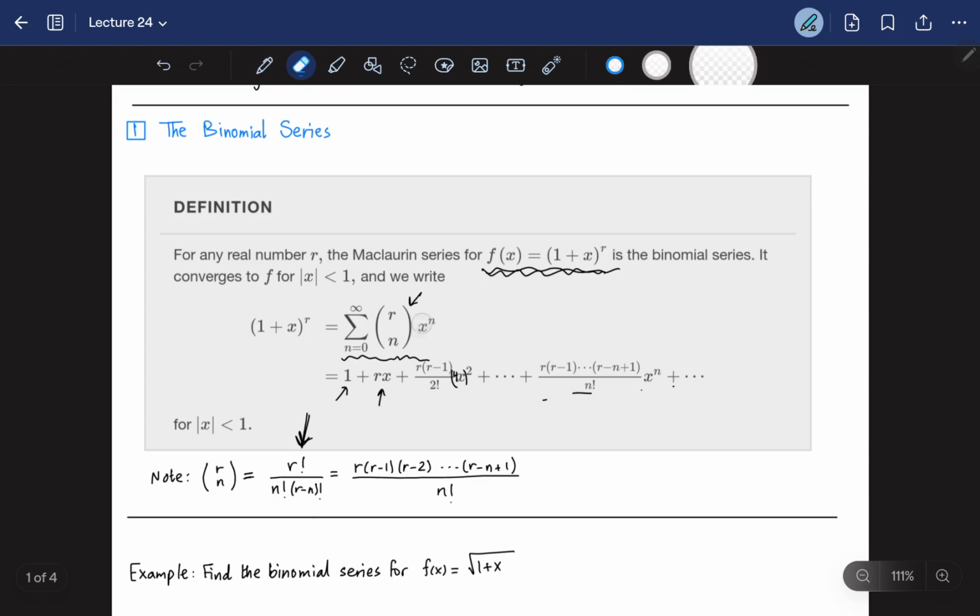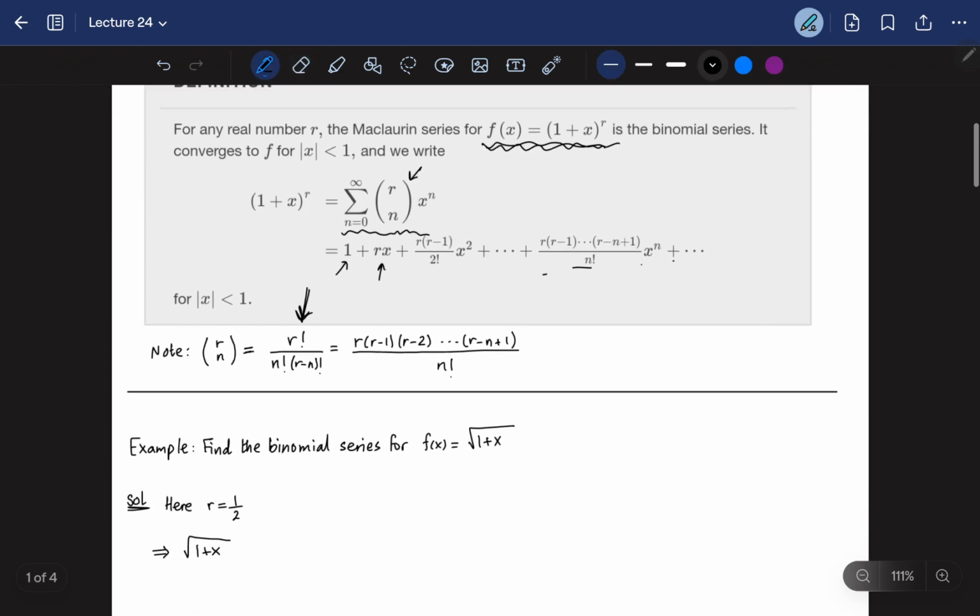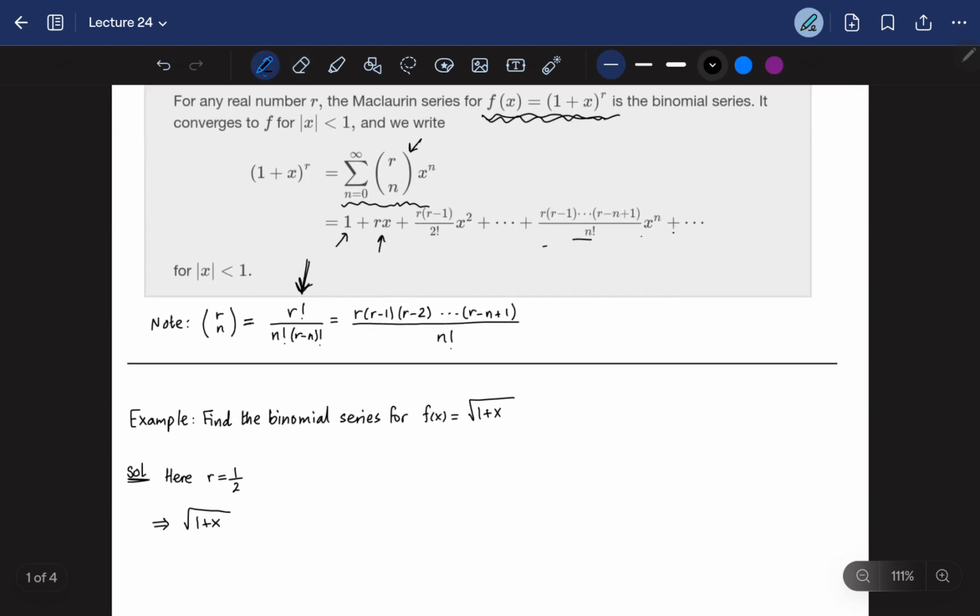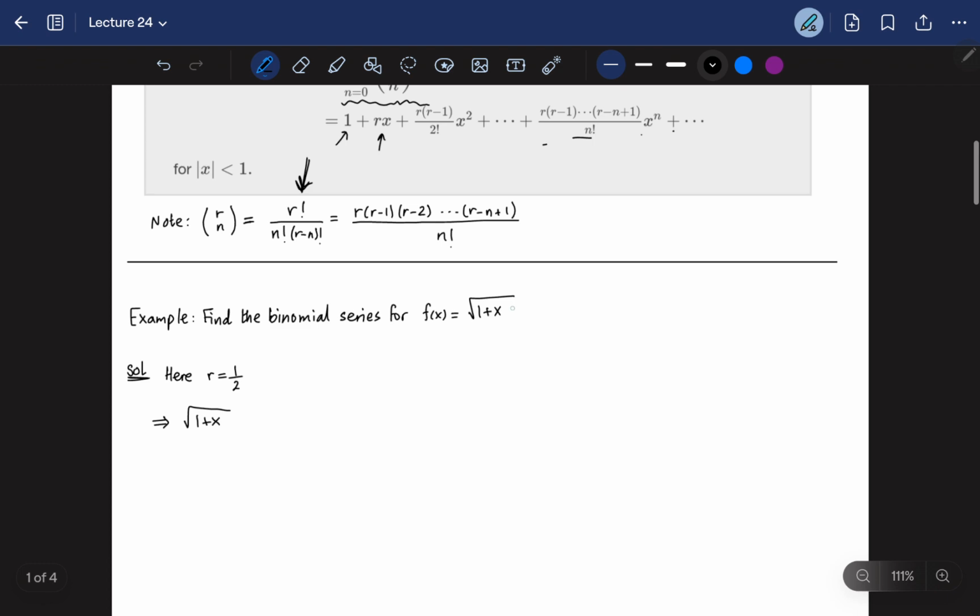Okay, so let's look at this example and see how we'll find the binomial series for a function of the form that we've talked about here. Here, my function f of x is equal to 1 plus x raised to the half. So here my r is 1/2.